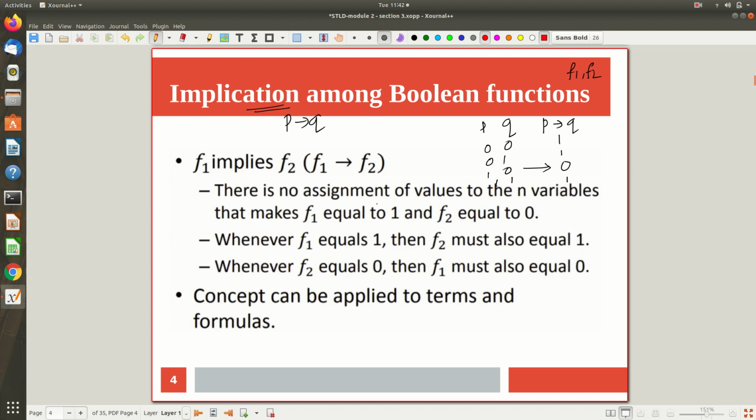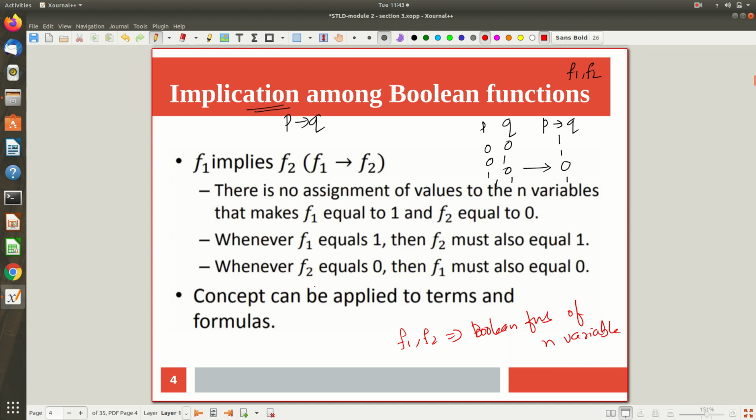So where is this n coming from? We are assuming that F1 and F2 are Boolean functions of n variables. It can be a 3 variable function, 4 variable function, like that. So let it be an n variable function. You can give values to those individual variables, and accordingly this Boolean function F1 gets a final truth value, or final logical value, 1 or 0.